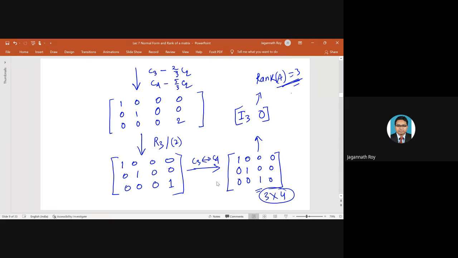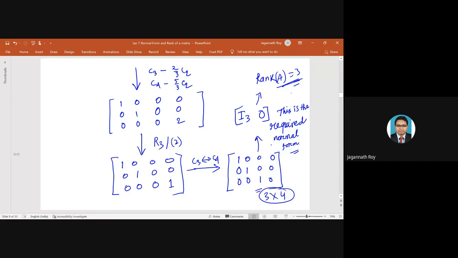But here we have found this normal form. This is the required normal form. So that's how we find out the normal form of a matrix.